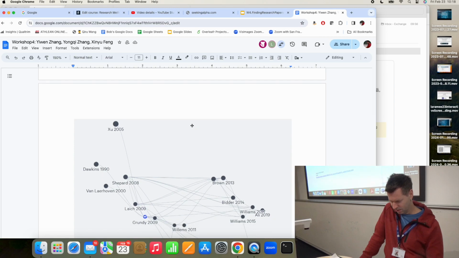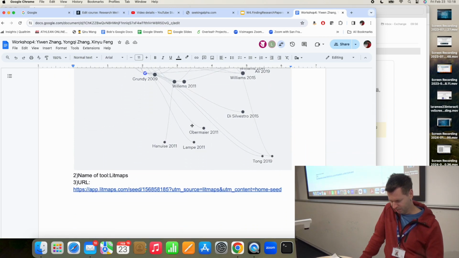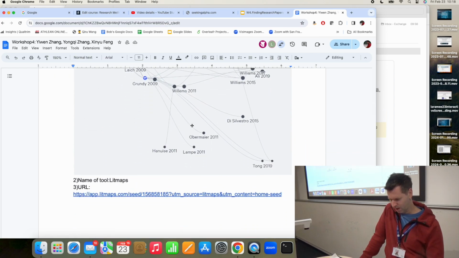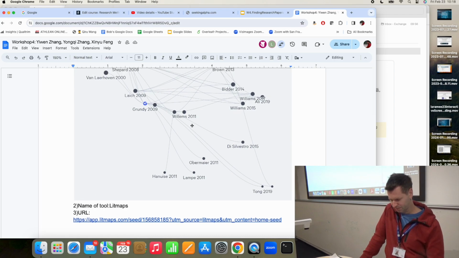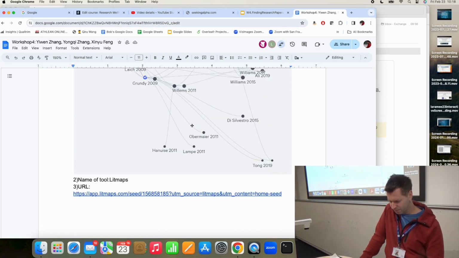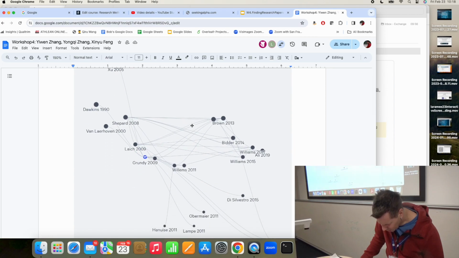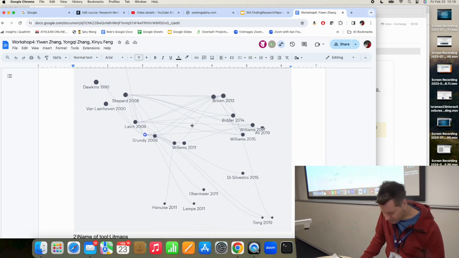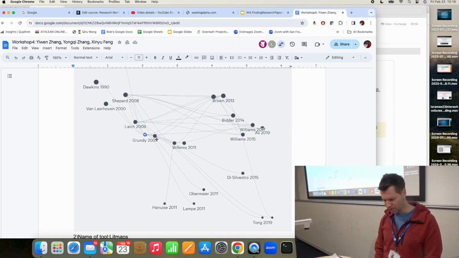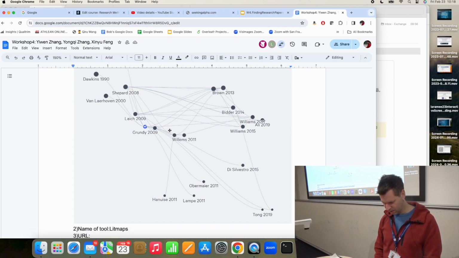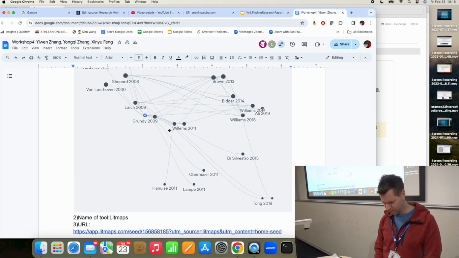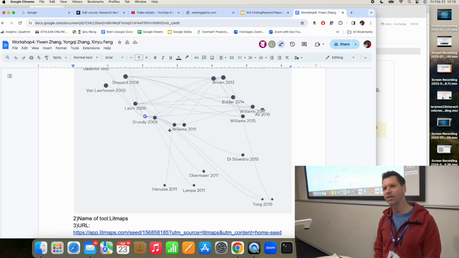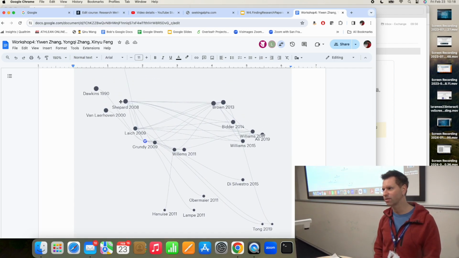And, okay, lit maps. I think that lit maps is not so good, actually. I think lit maps is leaving out a lot of connections.